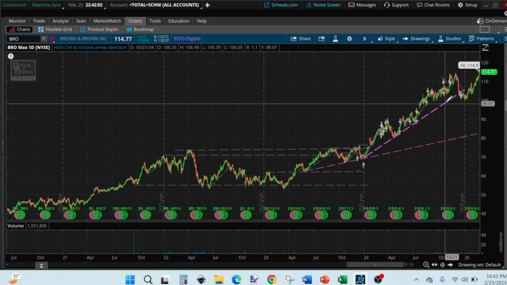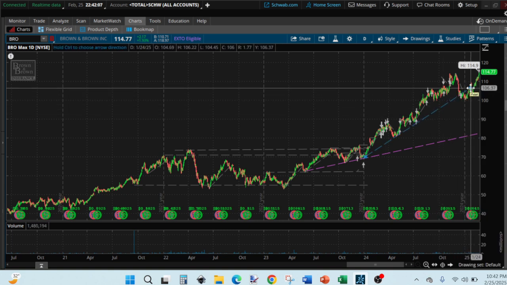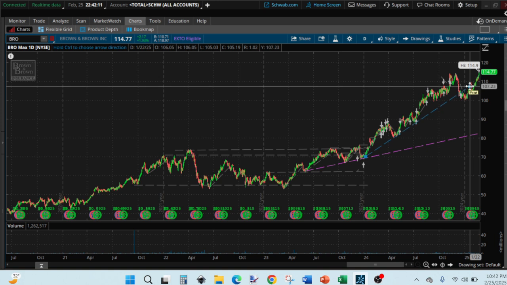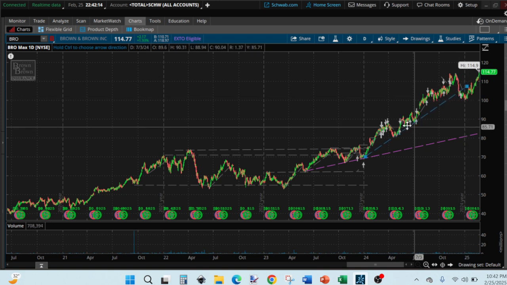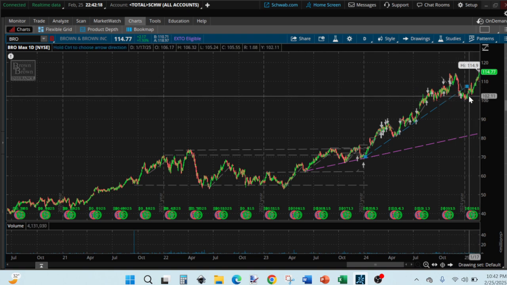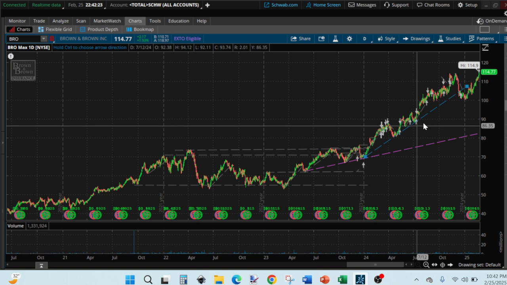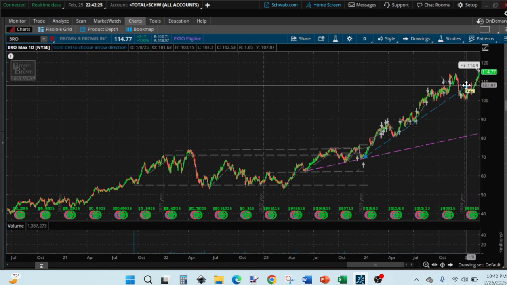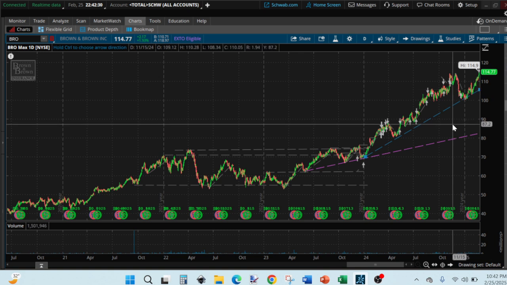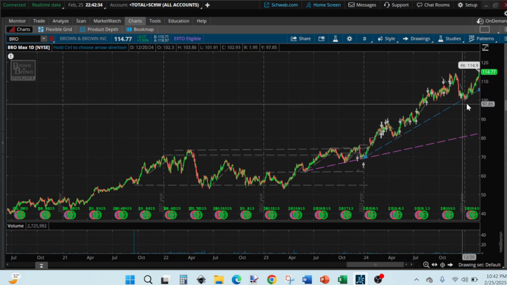And I don't know if we should use this line, yeah, it will work. When we have it this way, it touched both there, here, and here, but because it fell below it, we can continue to extend it here and trace another trend line going this way, or we can move it down and it will work as well, but it'll touch base with those two and this one.